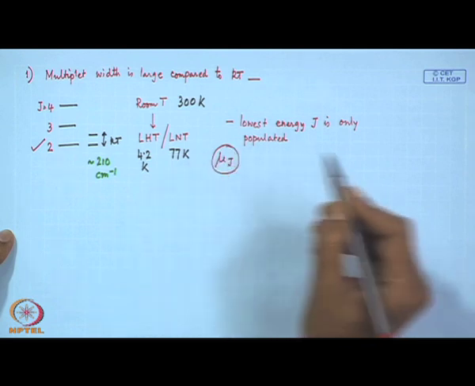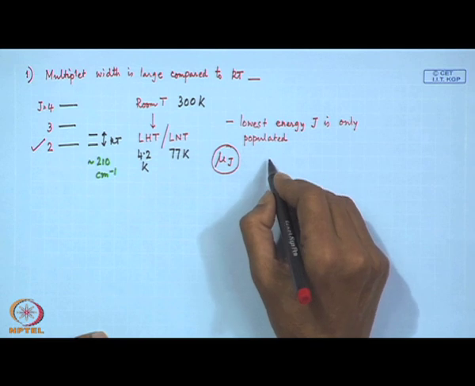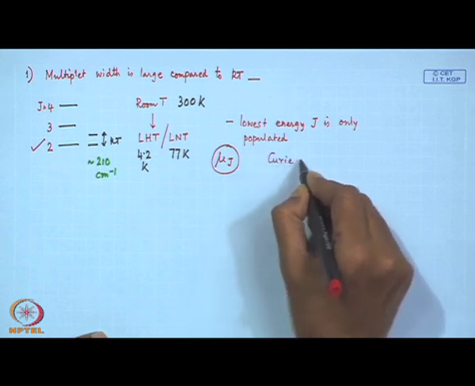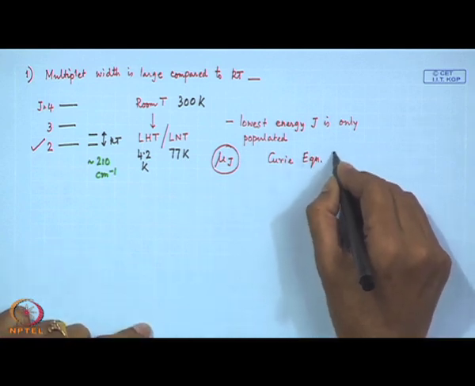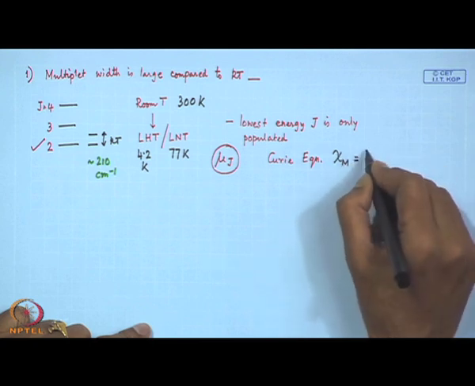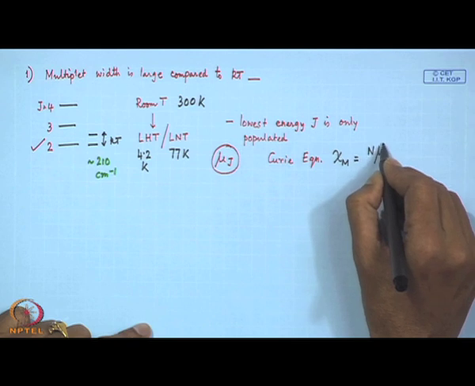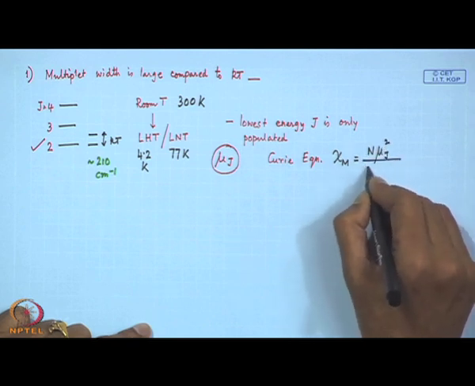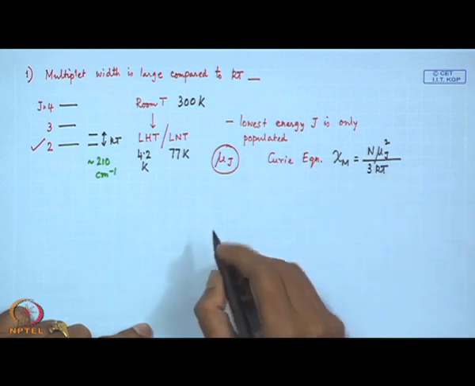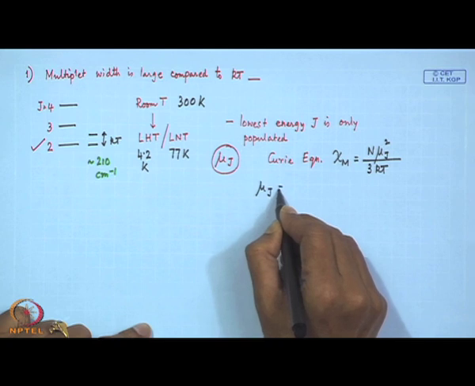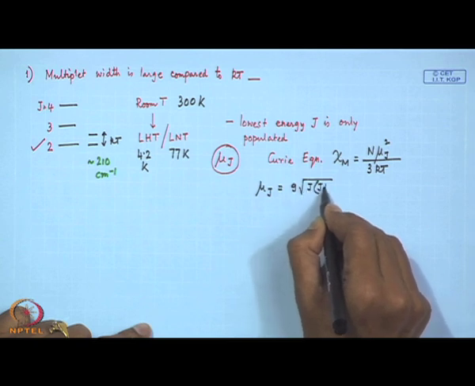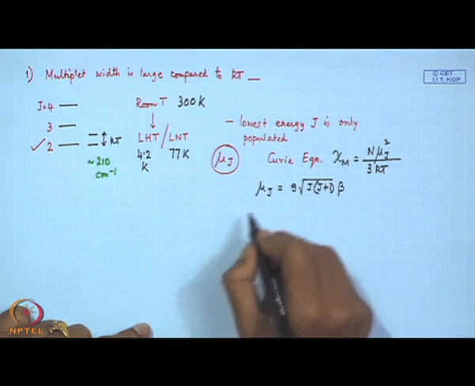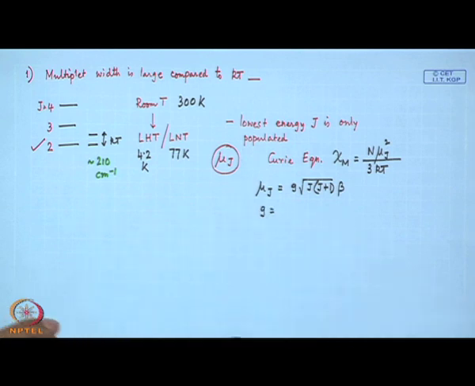So, we can find the magnetic moment in terms of the mu J value, and now the Curie equation takes the form chi M equal to N mu J square divided by 3kT, where mu J is equal to g into square root of J into J plus 1 into beta, where g is the gyromagnetic ratio.